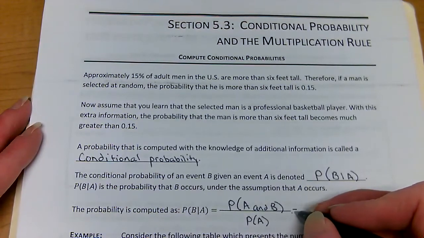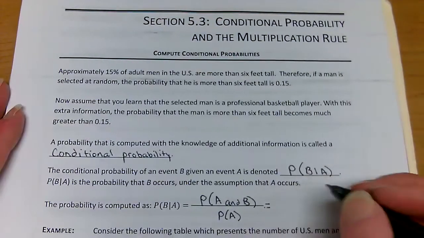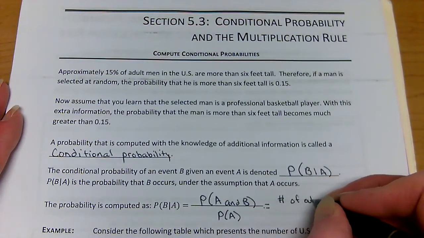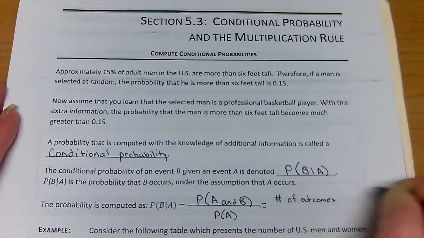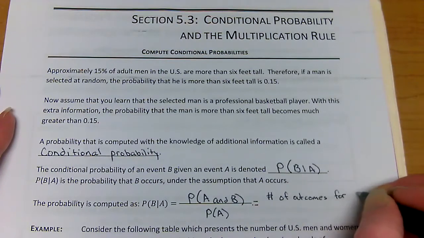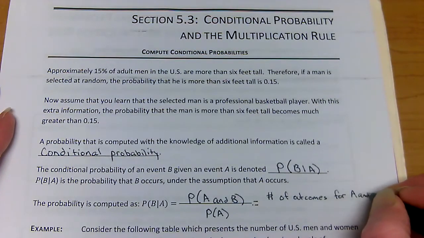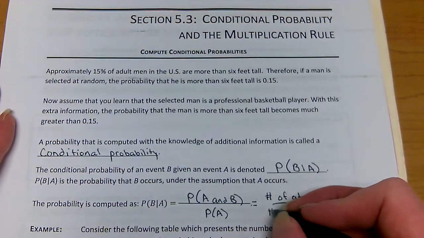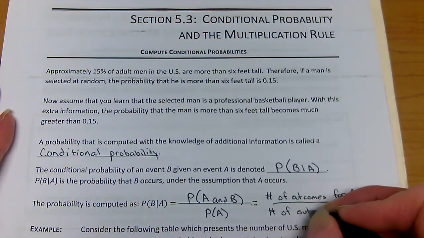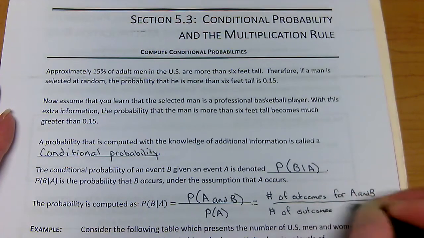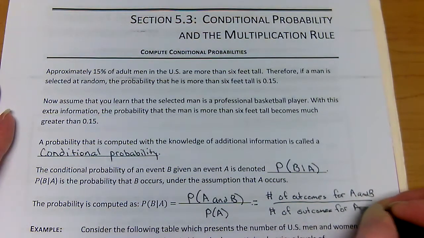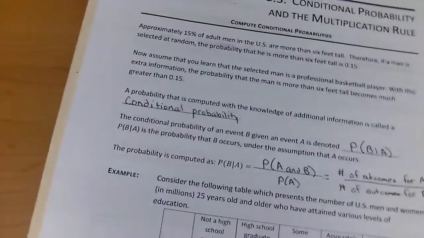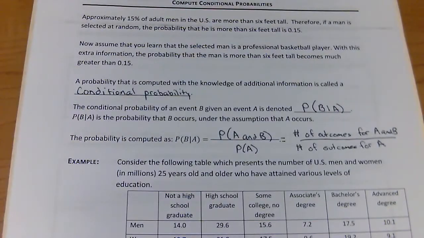In layman's terms, what we're going to do is take the number of outcomes for A and B, for that overlap, divided by the number of outcomes for A. So what it's doing is it's kind of reducing our sample space.